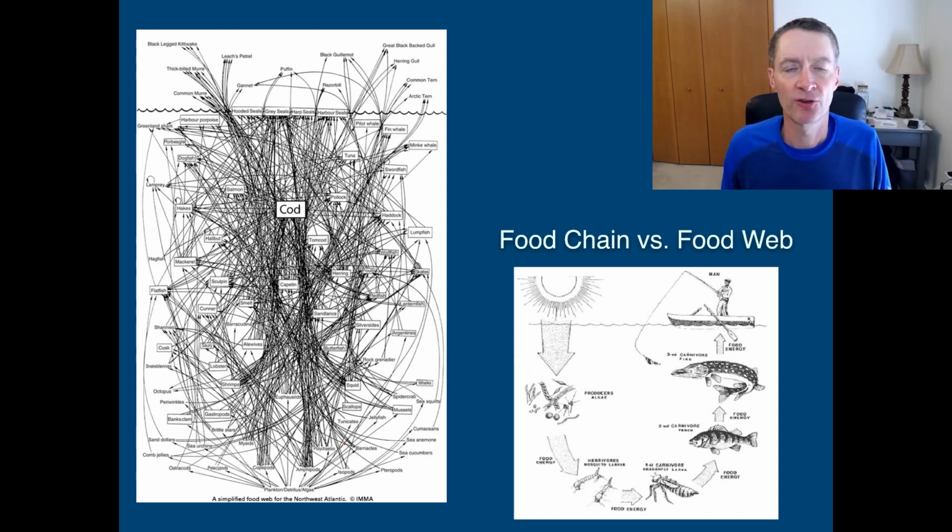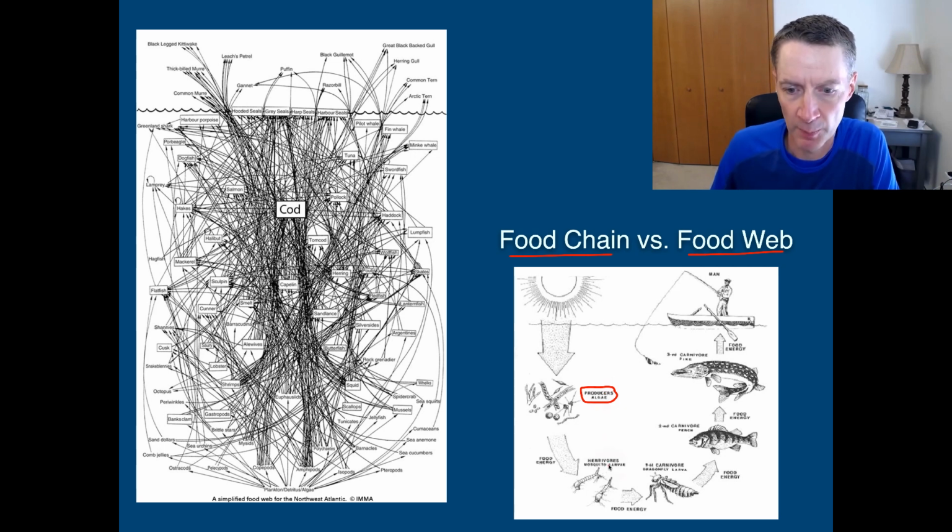How complex can this set of trophic levels get? Well, it can get enormously complex. Here we have the difference between a food chain and a food web, okay? So a food chain, we see here on the bottom right, we have these producers, these primary producers, like algae and other phytoplankton and all sorts of really small green unicellular photosynthetic organisms, and they would be consumed by herbivores, and then they would be consumed by carnivores, right?